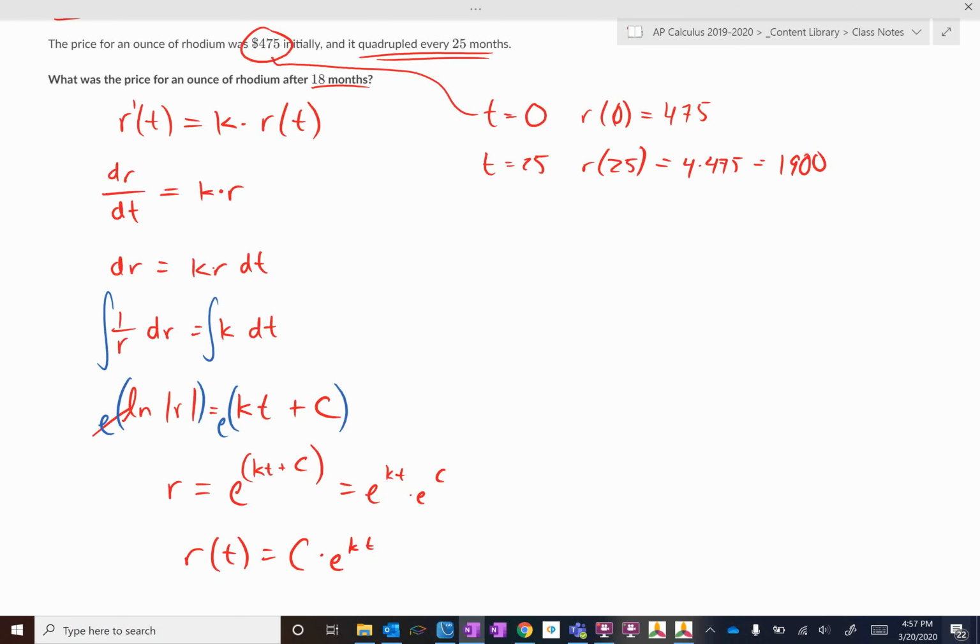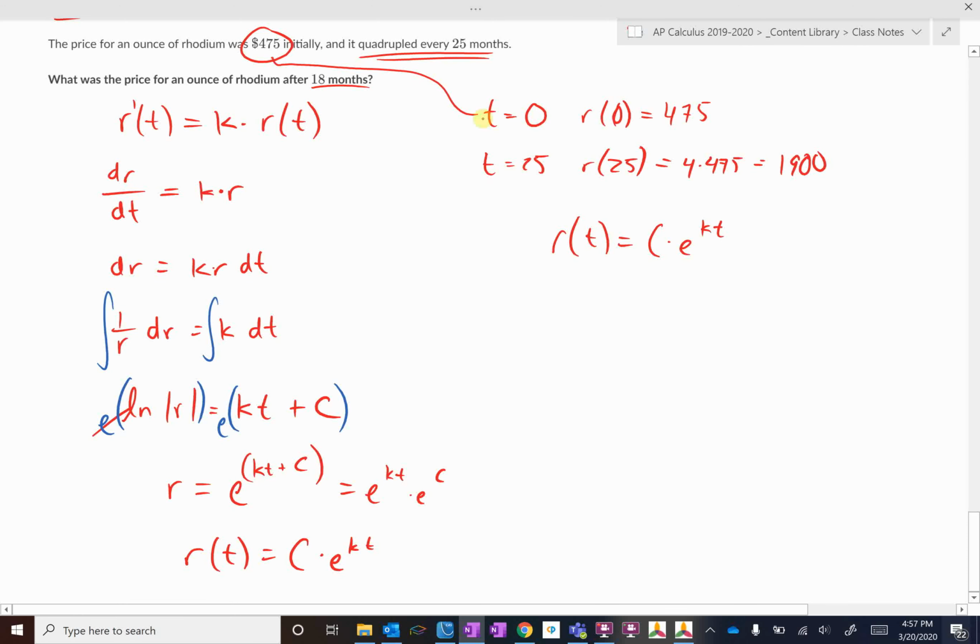So let's go ahead and look at this here. I have my general equation that solves the differential equation I started with: r of t equals c times e to the kt power.